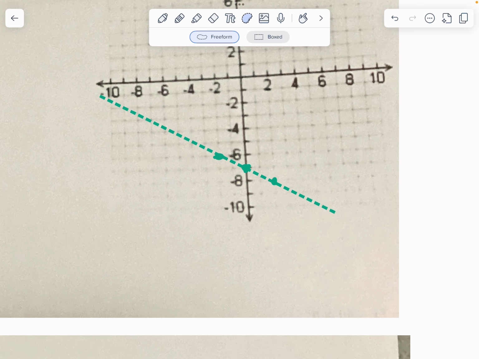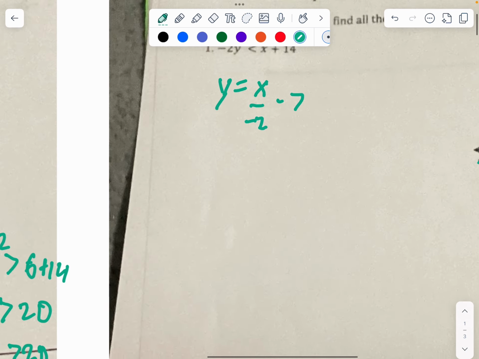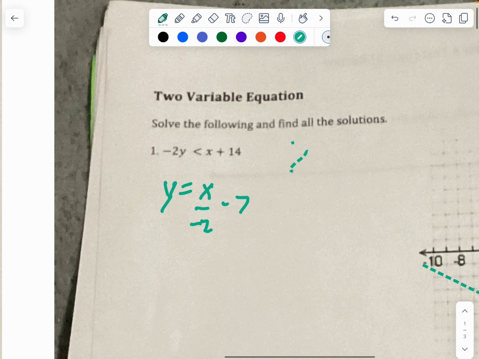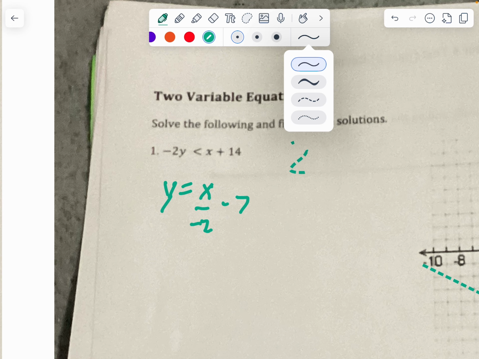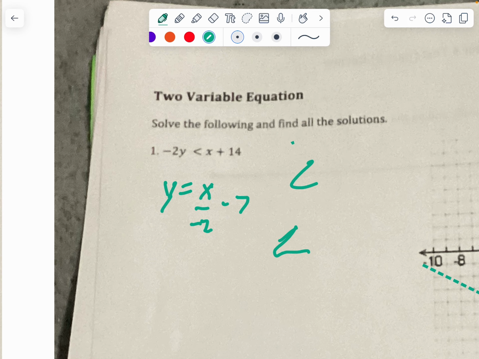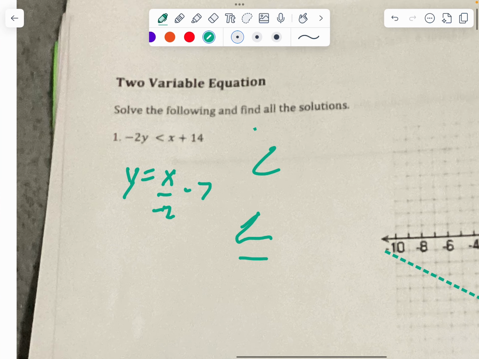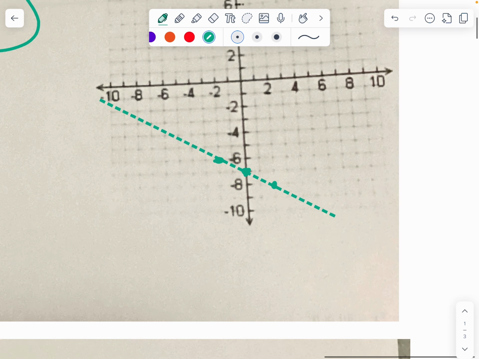It's going to be like that. It's dashed because it's just this. If it was this, it would be a solid line. Since it's this, it's dashed.